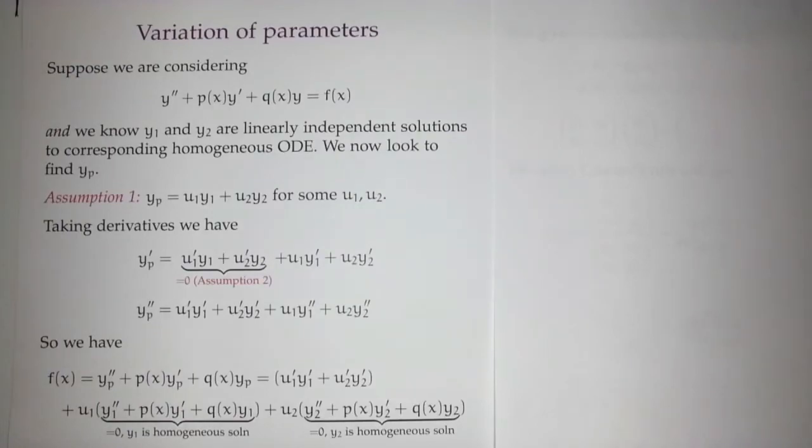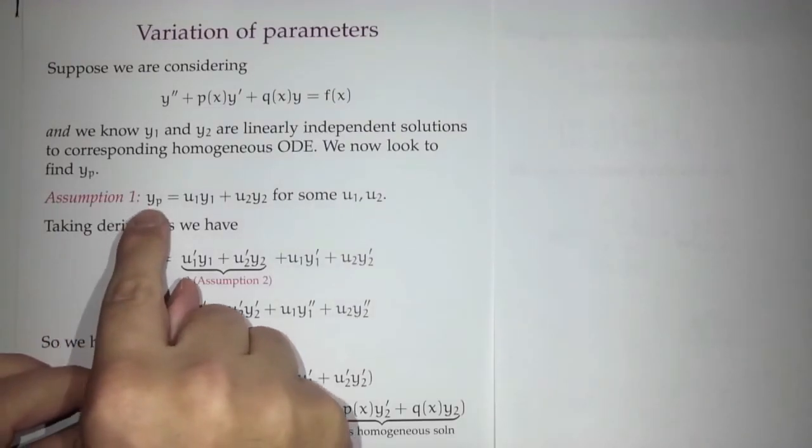So y1 and y2 are solutions to the homogeneous part. And what we want to do is find the particular solution. So the idea is, let's build off of the solutions to the homogeneous part to find the solution to the particular part.